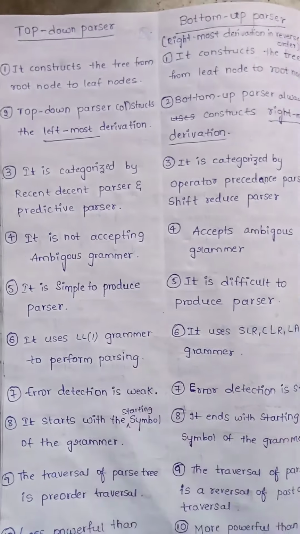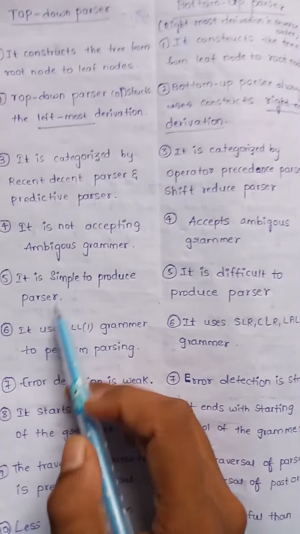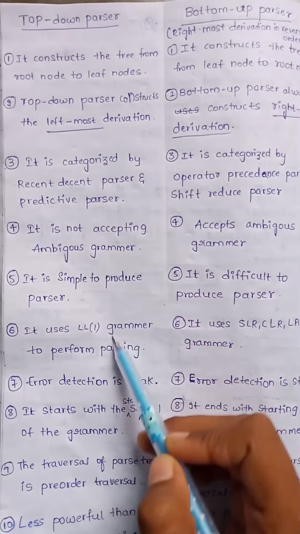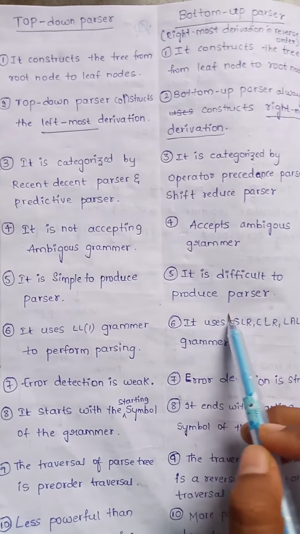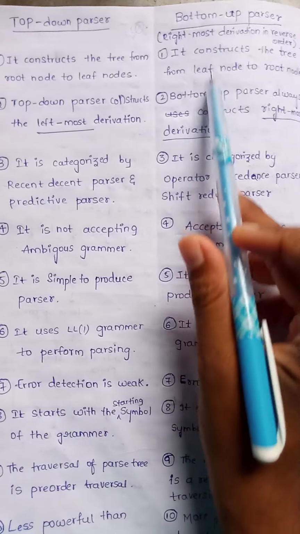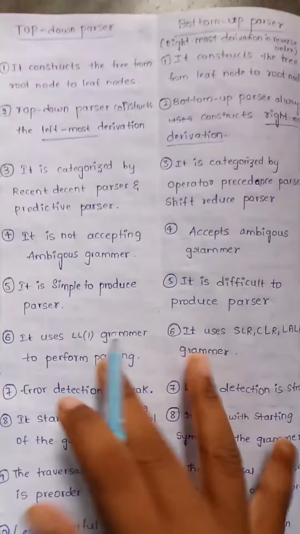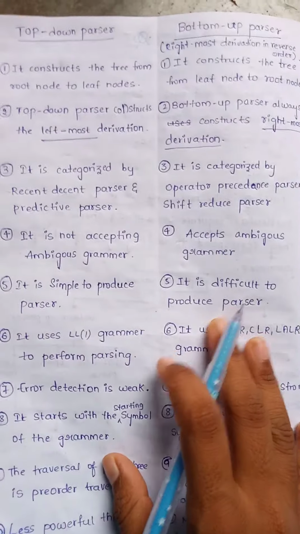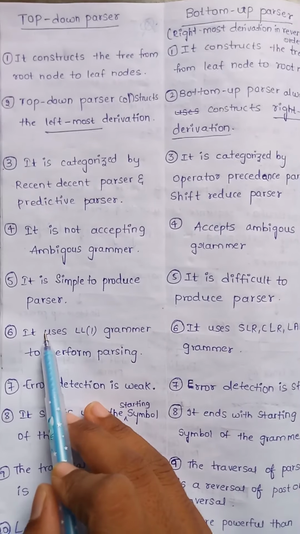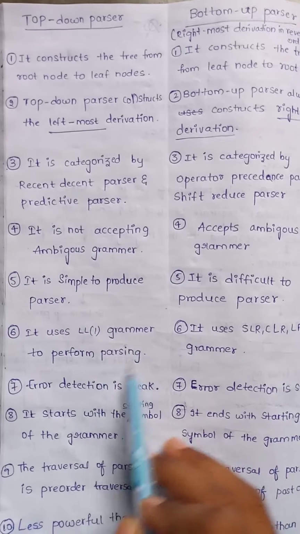It is simple to produce a top-down parser, because we just go from top to bottom. Whereas in bottom-up parser, it is difficult to produce a parser, as we need to go with rightmost derivation in reverse order. When compared to this, it is difficult, but we can solve it in an easy way too. Now top-down parser uses LL(1) grammar to perform parsing.